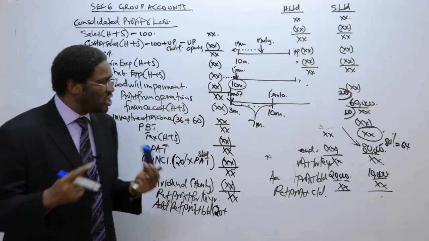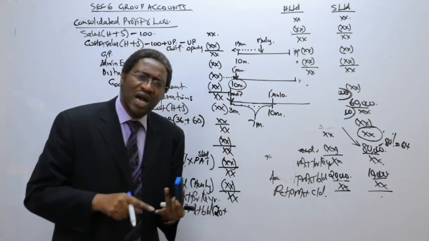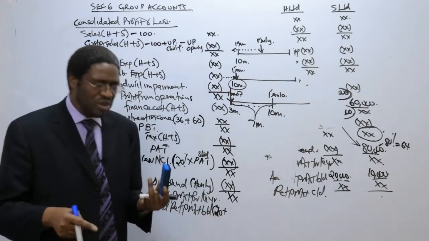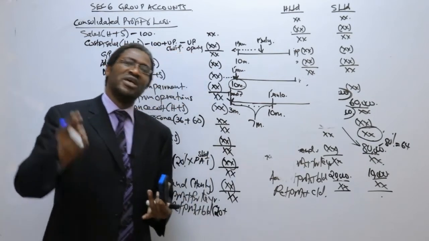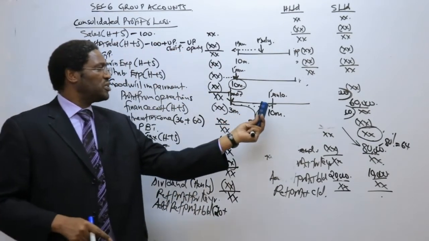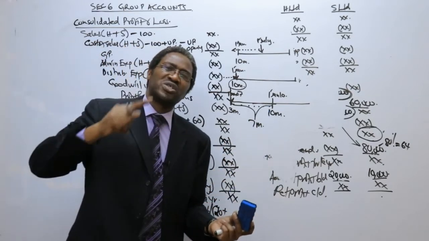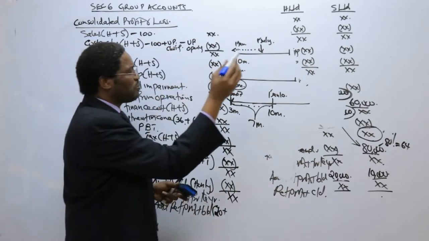So we concluded by saying, this is what we concluded last time, that the only time when you as a holding company are entitled to anything out of the brought down of the subsidiary company is when their retained profit brought down has an element called post-acquisition retained profit brought down. So we said you will have to split the 10 million.